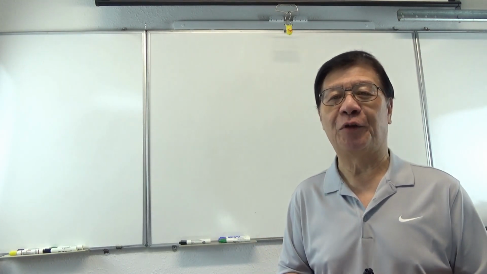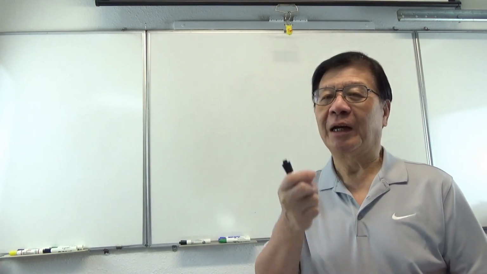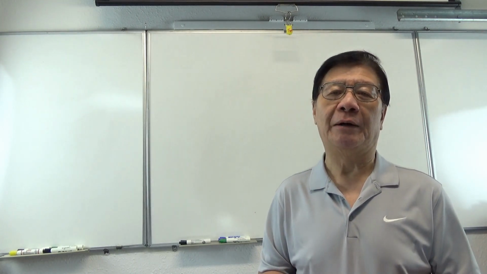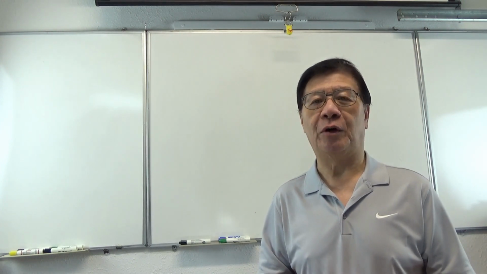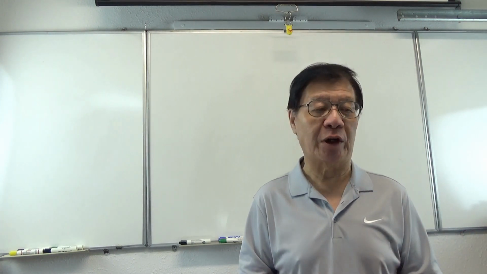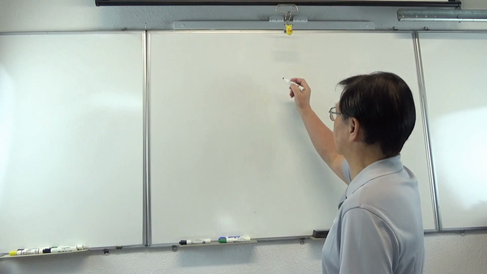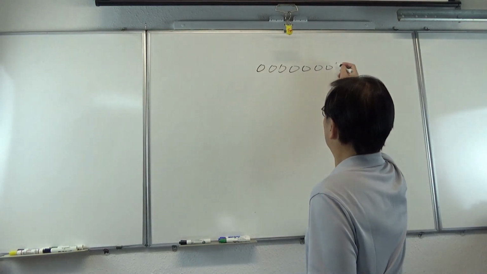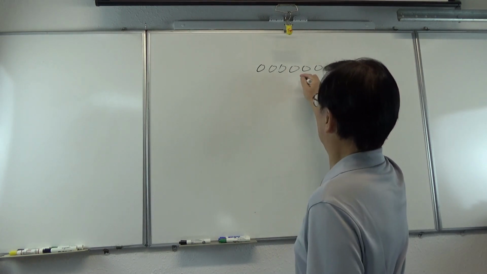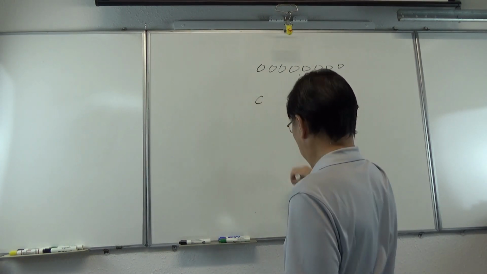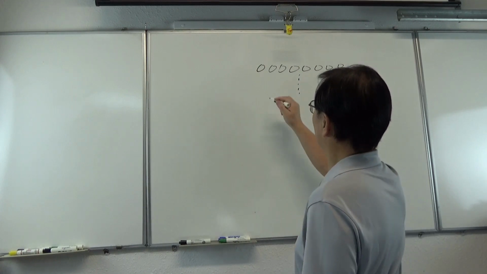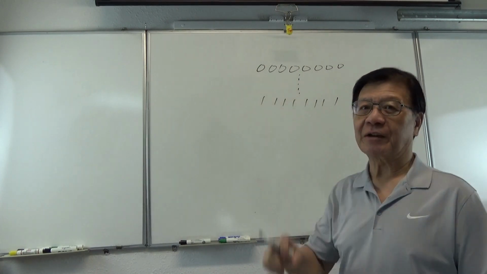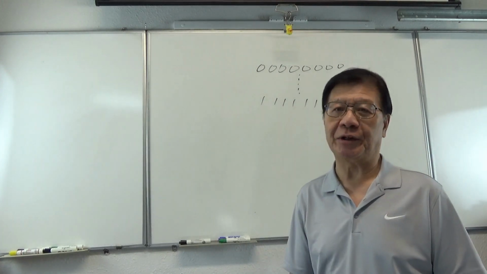First of all, let you guys review something. Let's recall the very first or second session. We mentioned something like the 8 bits, right? 0, 0, 0, 0, 0, 0, 0, 0, all the way up to 1, 1, 1, 1, 1, 1, 1, 1. That's a very basic concept for the binary system.